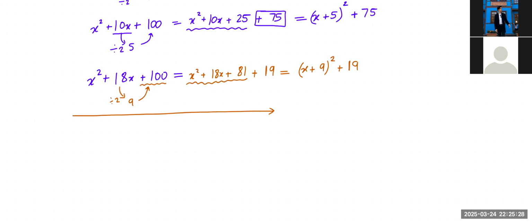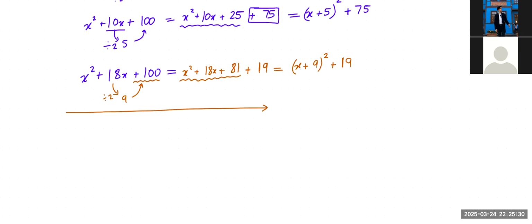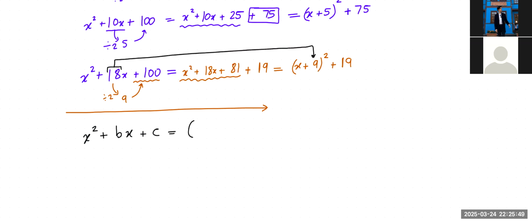to directly complete the square on anything. Say x squared plus bx plus c, for example. Any b, any c, doesn't matter. First thing you do is realize that whatever you have here, you always end up with half of that over here. So you have x plus half of b.